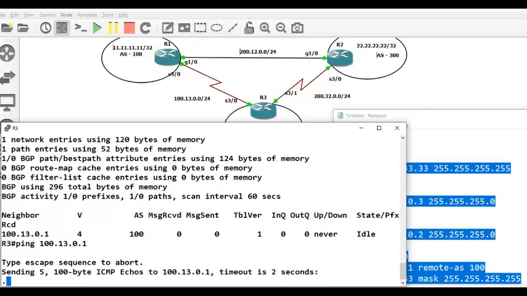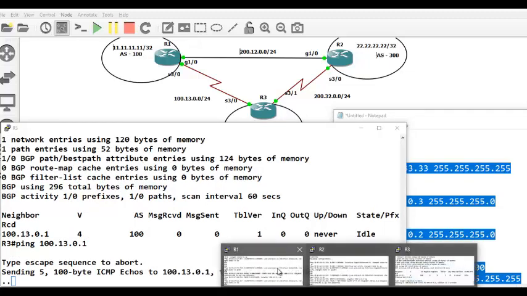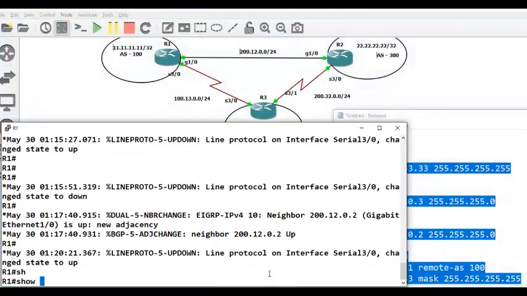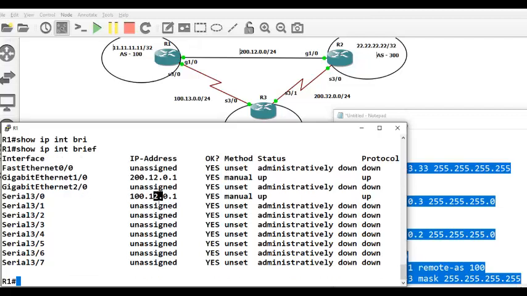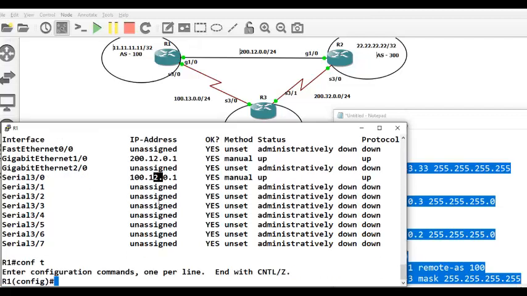There's a problem. On R1, show ip interface brief. The interfaces are up, but this is where I made a mistake. See, you have to correct me when I'm typing. Sometimes I may type wrong. You're keeping silent until the end of the class. That's not correct. You also need to help me to finish.